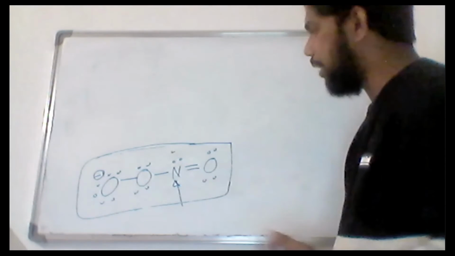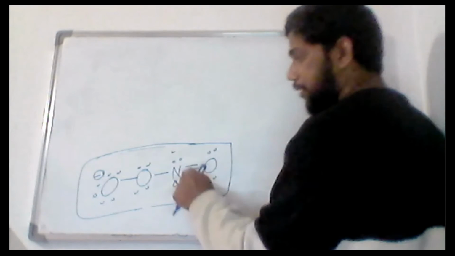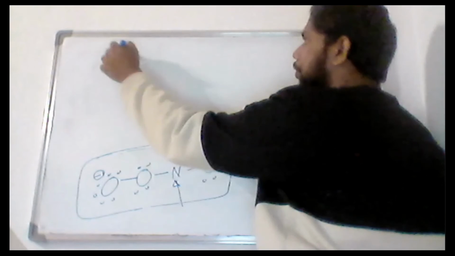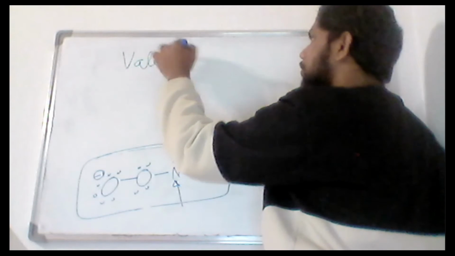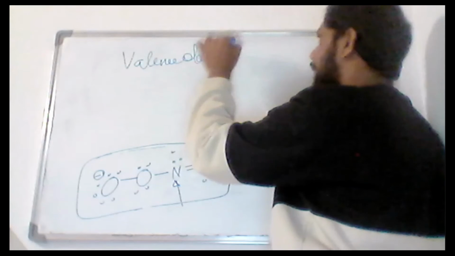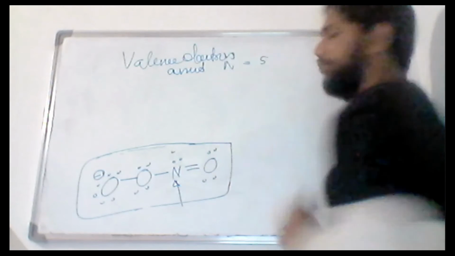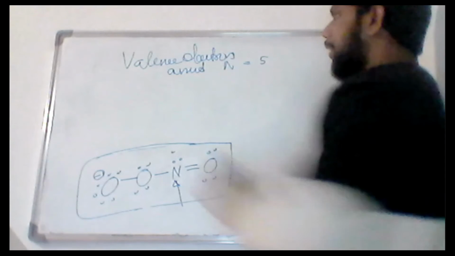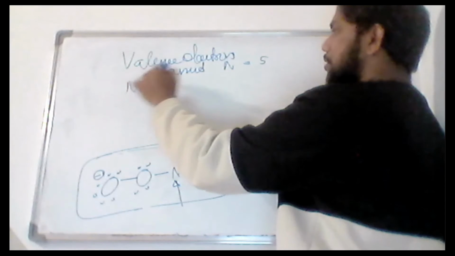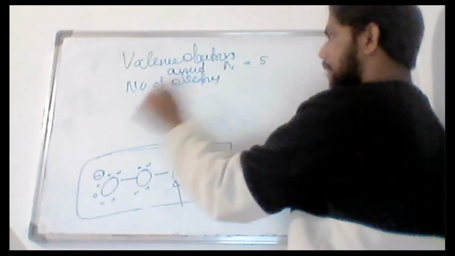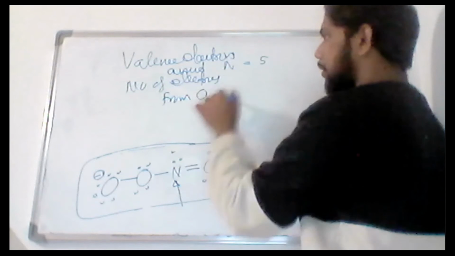So if you can remember, first you write down the number of valence electrons, 1, 2, 3, 4, 5. So you can write valence electrons around nitrogen is 5. Okay, then you can write down number of electrons from oxygen.